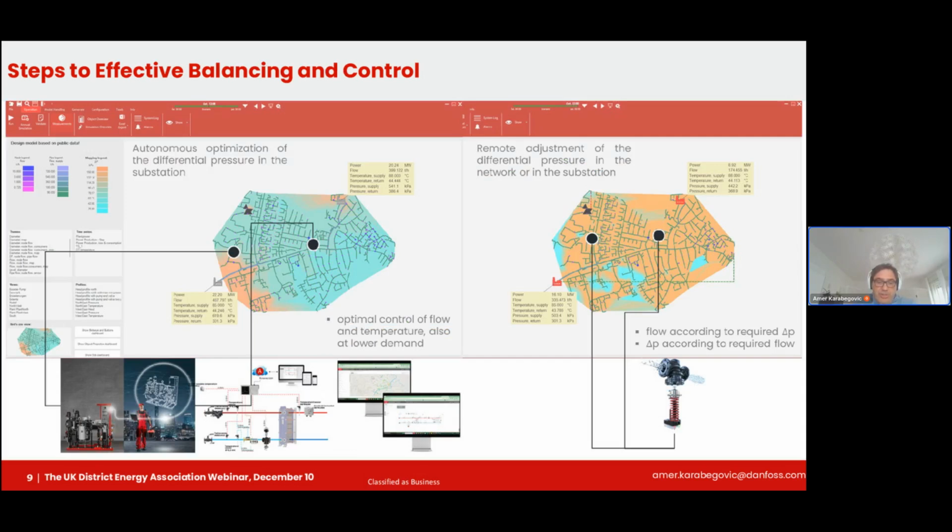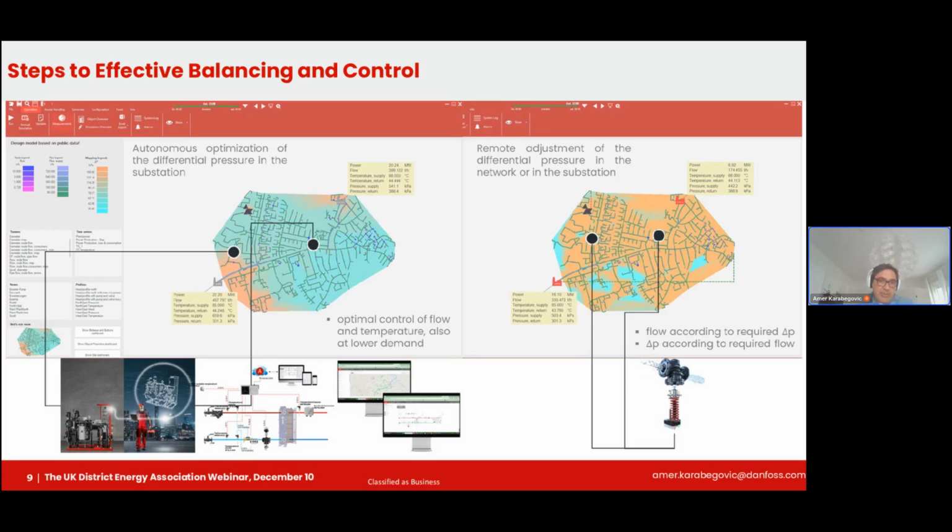In order to achieve efficient balancing, solutions are necessary that enable this both on the grid and at the heating substation. Of course, remote monitoring and management of these solutions is required. You can see on the left side, we are talking about optimal control of flow and temperature, also at lower demand.